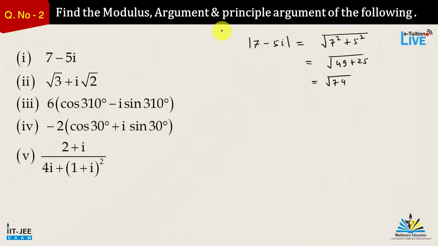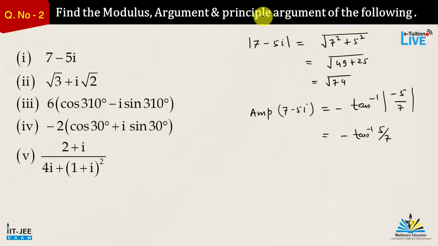Let's first calculate the principal argument of the complex number. So the amplitude of 7 minus 5 iota, as you can see this is in the fourth quadrant, so this is equal to minus tan inverse of minus 5 upon 7, and that is minus tan inverse 5 upon 7.